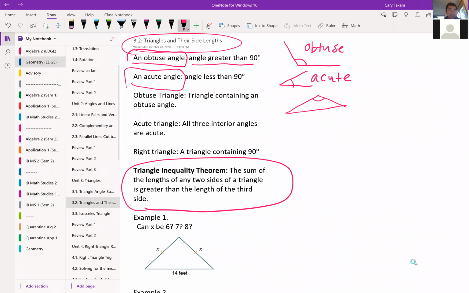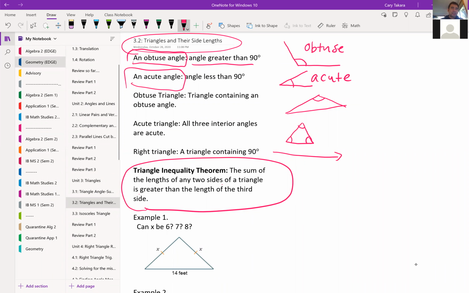It means that all three angles inside are acute. Here's acute. Well, let's make it a little bit sharper. Acute. Everything is all acute. Acute, acute, acute. Everything is less than 90 degrees. Those are called acute triangles.